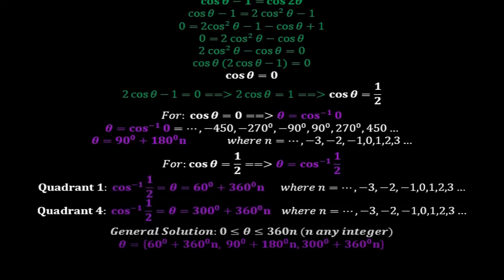So the general solution is then theta equal to 60 degrees in the first quadrant plus 360 degrees, all its coterminals, the 90 degrees and the 270 degrees and all their coterminals, and this can be written as 90 plus 180 degrees times n, and in the quadrant 4 it is 300 degrees plus 360 degrees n, that is the 300 degrees and all its coterminals.